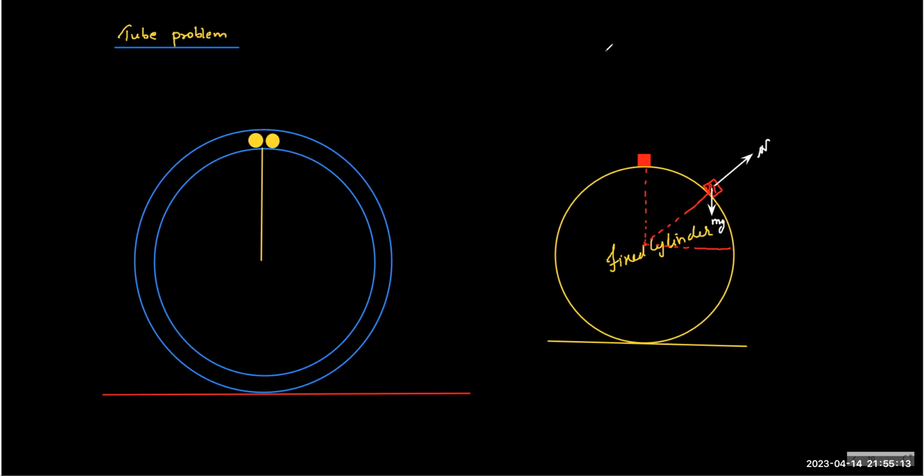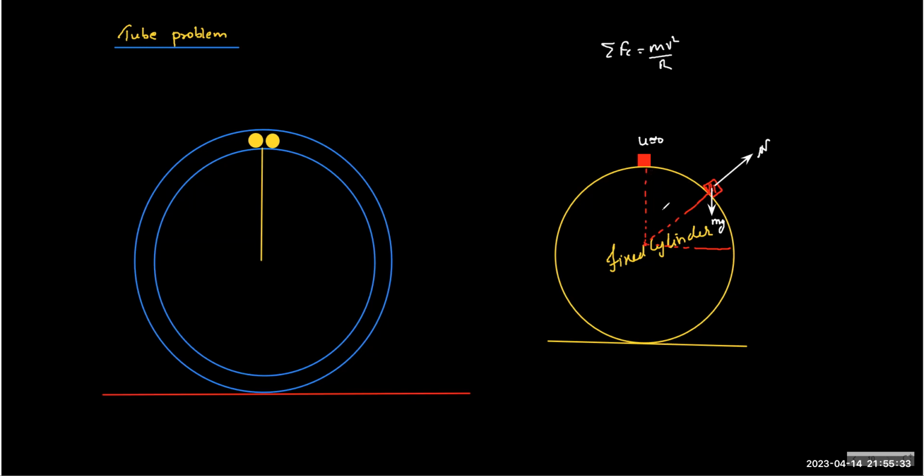So how to write the dynamics of circular motion? You give a gentle push at the topmost point and then it starts moving.